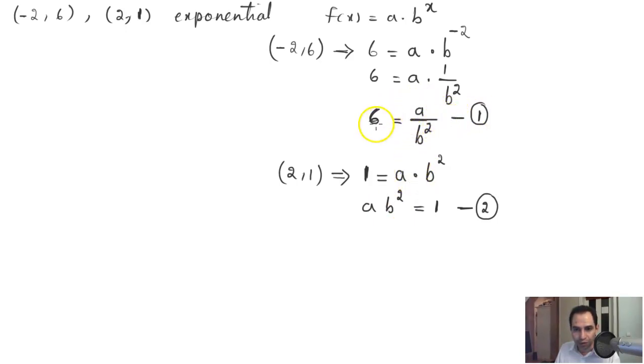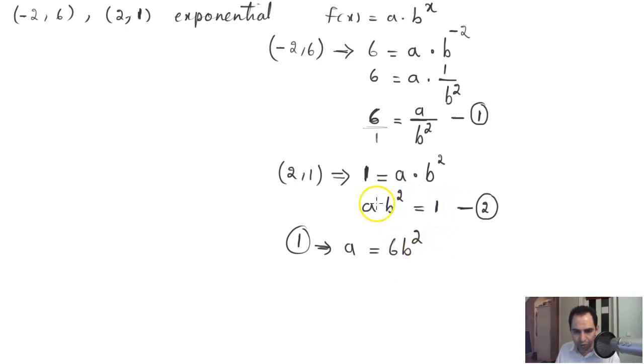From equation 1, you can cross multiply. So you can put a 1 over here, so a into 1, which is a, is equal to 6 into b squared, or 6b squared. And so this is a in terms of b.